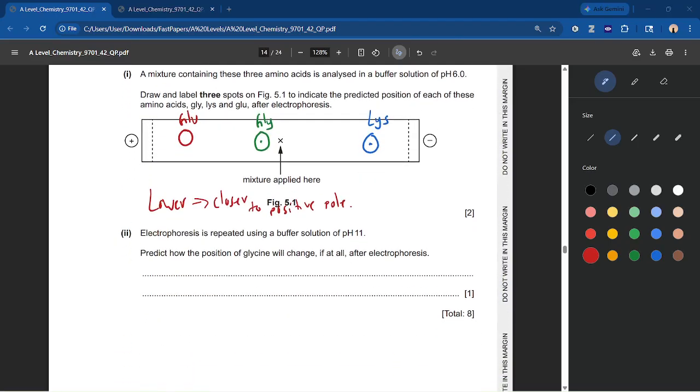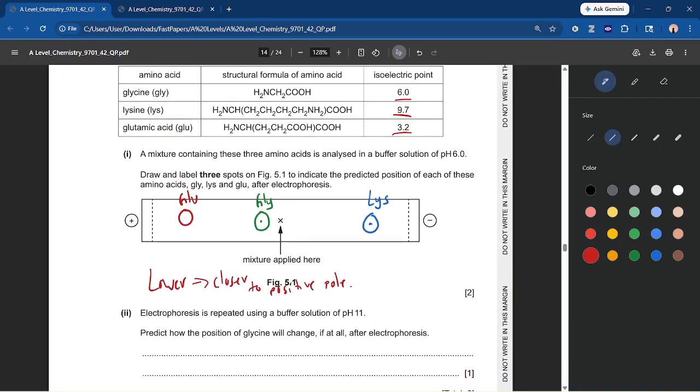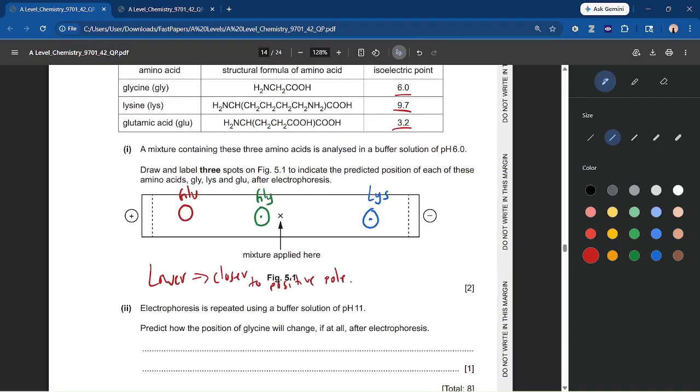Electrophoresis is repeated using a buffer solution of pH 11. Predict how the position of glycine will change, if at all, after electrophoresis. Interesting. So let's put in a buffer solution of pH 11. Because glycine has the carboxyl group, it's going to dissociate a bit more, and so it's going to move towards the positive terminal.